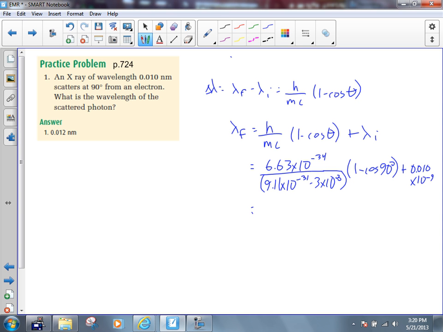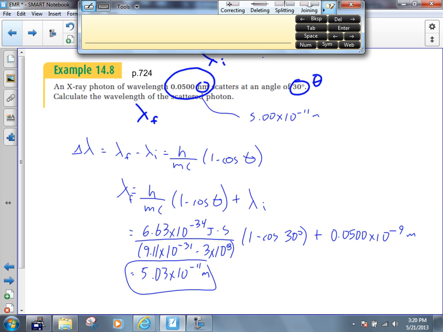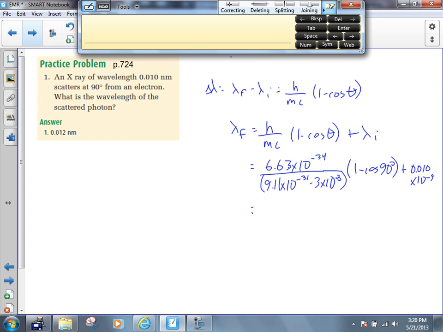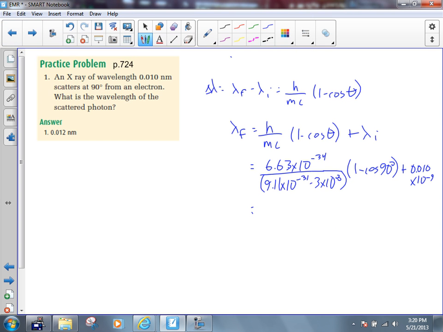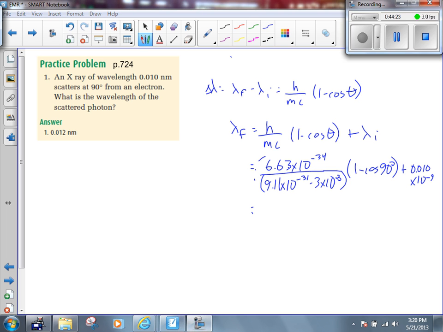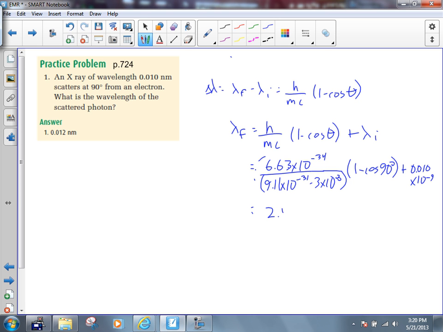We multiply 6.63 times 10 to the minus 34, divide it by 9.11 times 10 to the minus 31 times 3 times 10 to the 8. What did we get the last time we did that? What is that coefficient there? 6.63 over 9.11 times 3? 2.4259 times 10 to the negative 12?